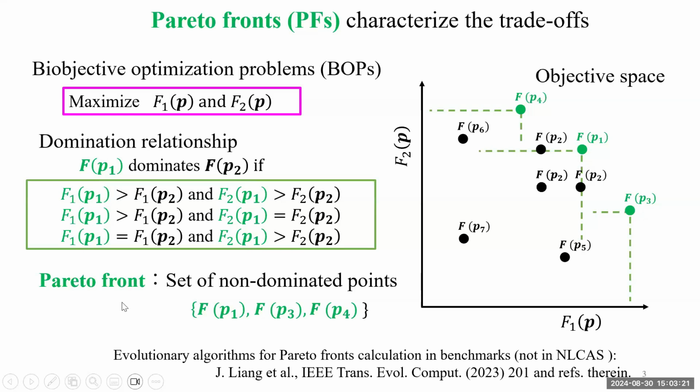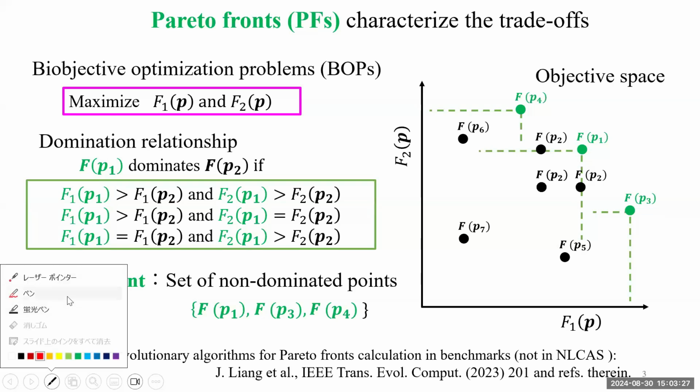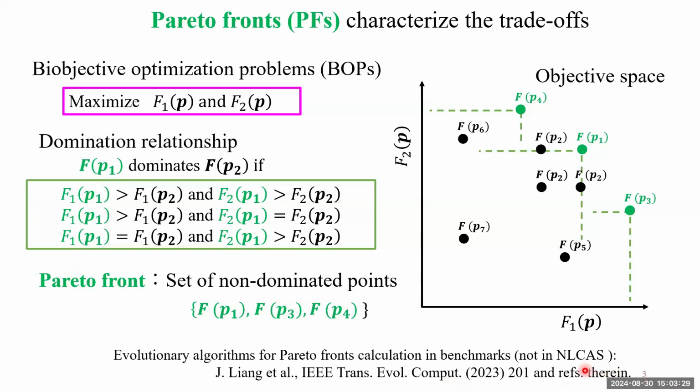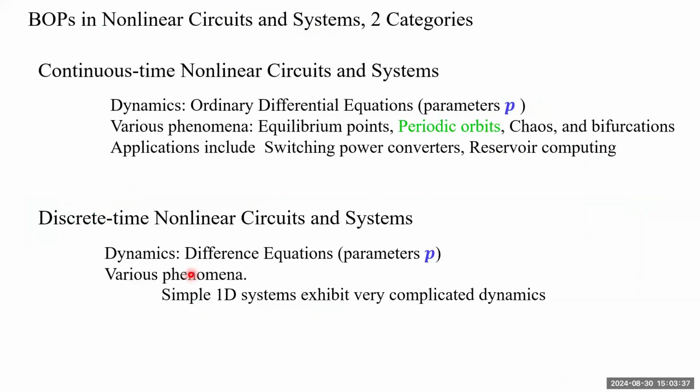And there exists a variety of interesting evolutionary algorithms. But they are applied mainly in benchmarks. The application in nonlinear CAS is not sufficient. Then we consider BOPs in nonlinear CAS.